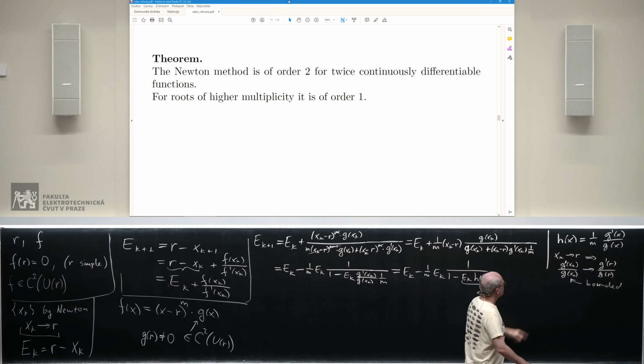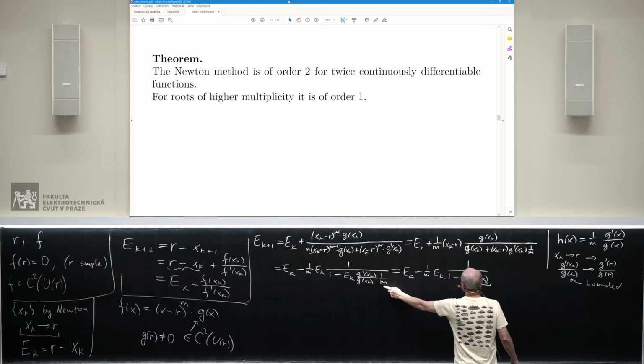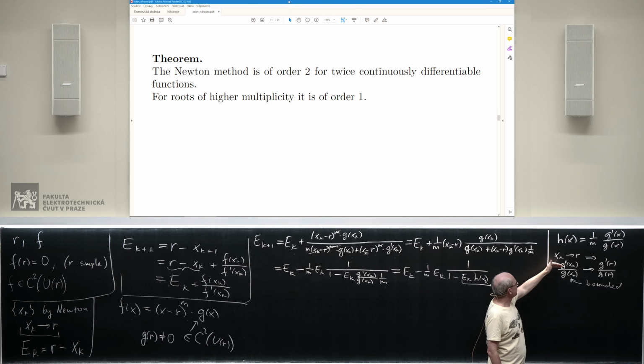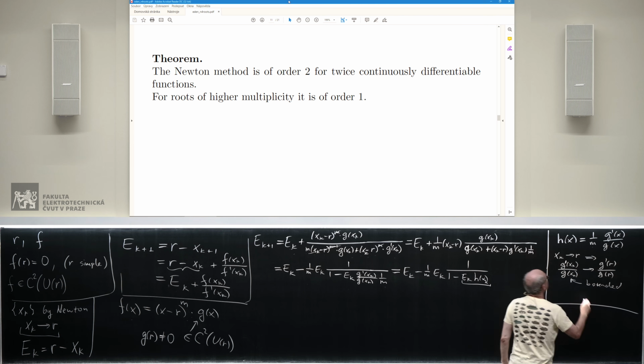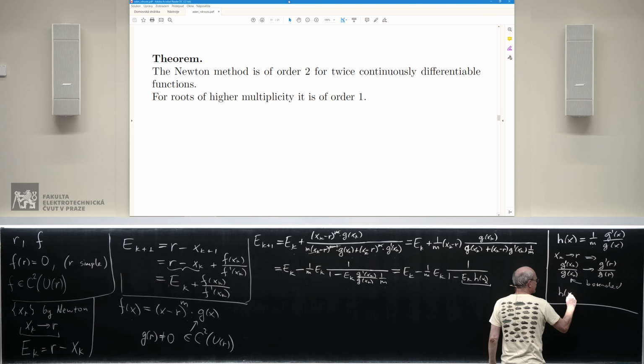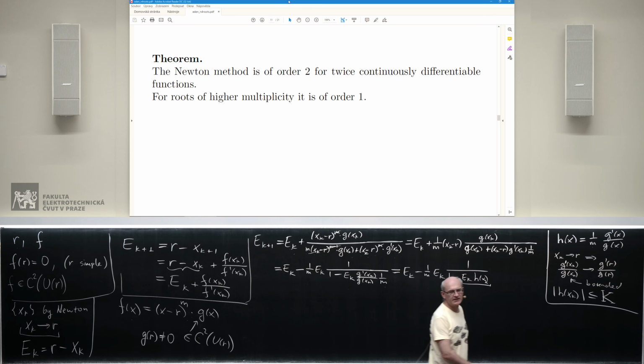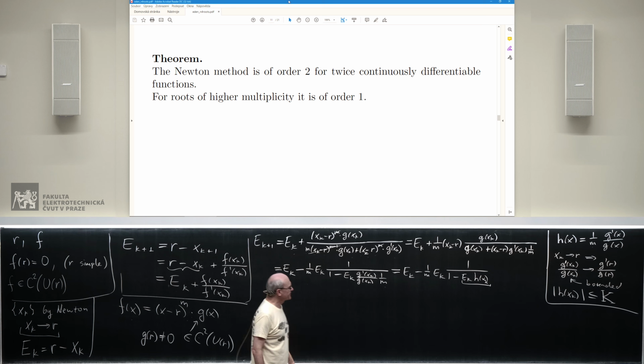Moreover, when I divide by m, this does not change the boundedness. And from this it follows that the sequence h(x_k) is bounded, and therefore I have an upper bound for it. That's the first important observation.